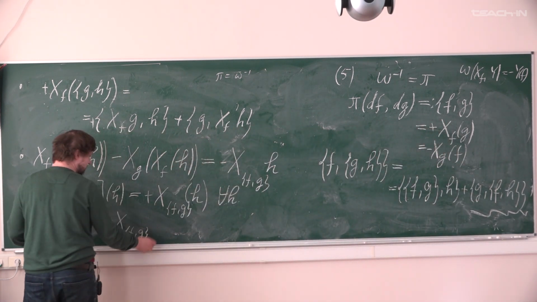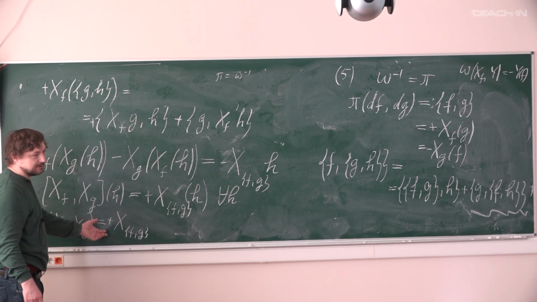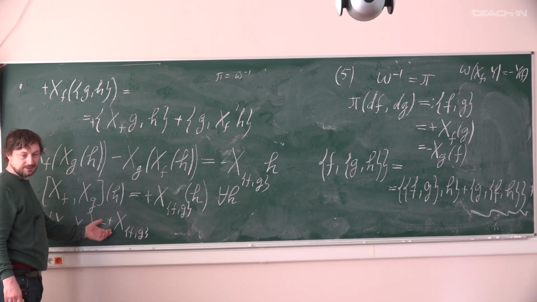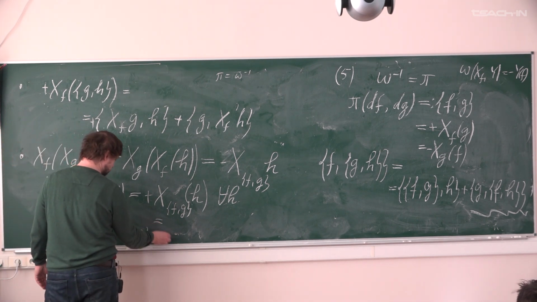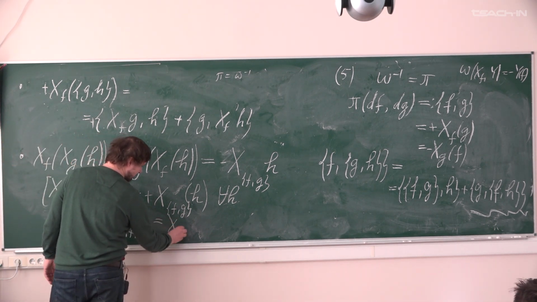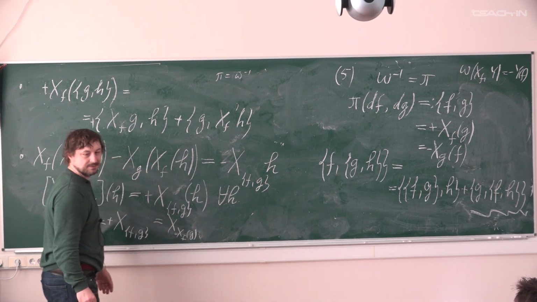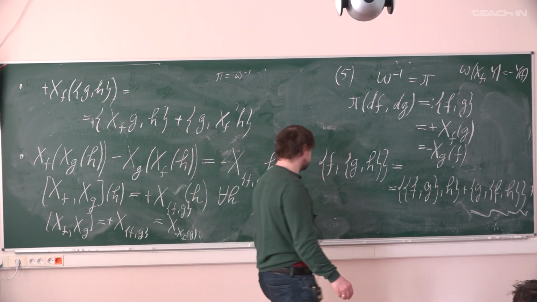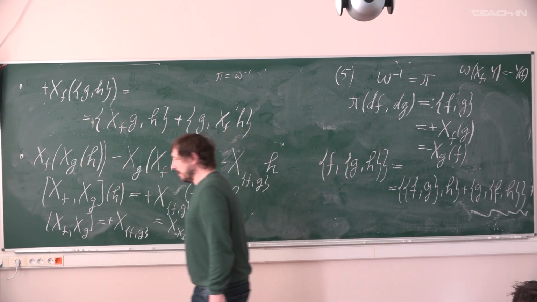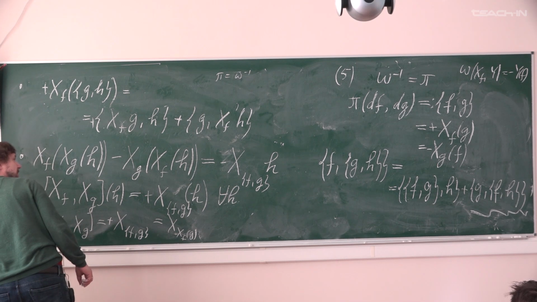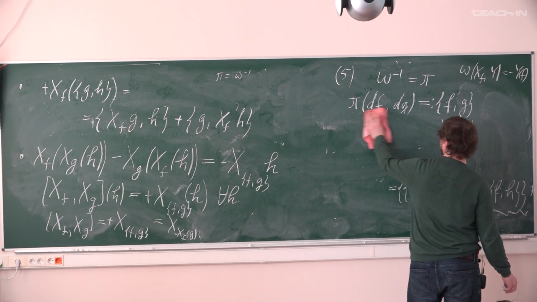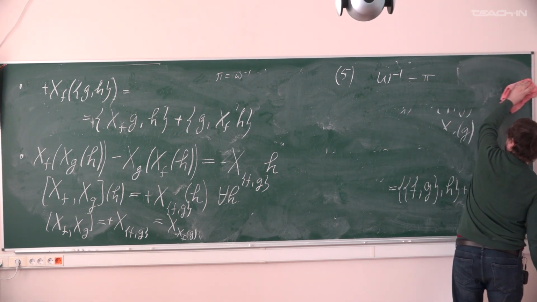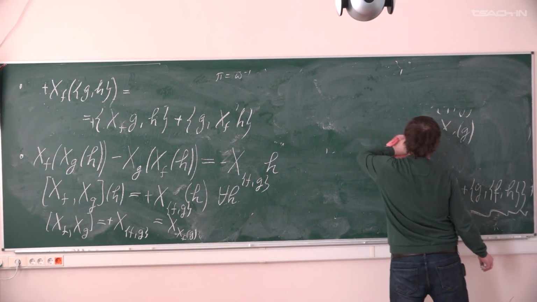So here we have this identity, which is also equivalent to the Leibniz rule, to the Jacobi identity. Or we can continue to write X_f of g. That's also possible. So what corollaries can we derive from these identities? I'll concentrate on the last one.